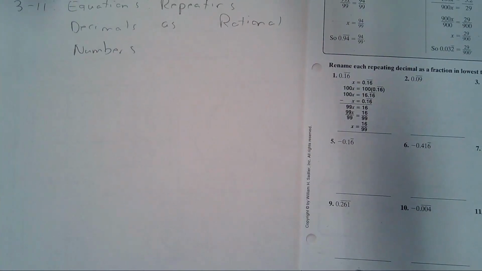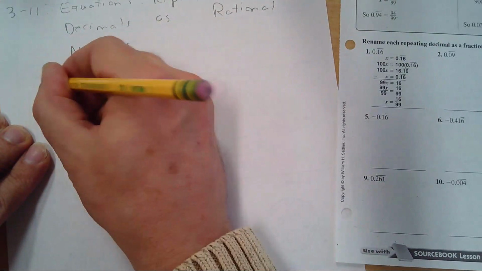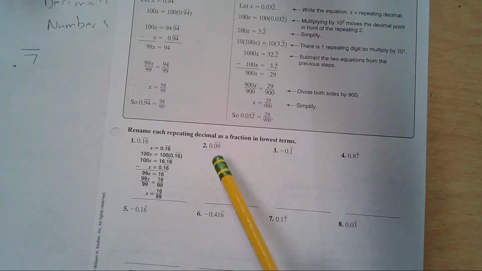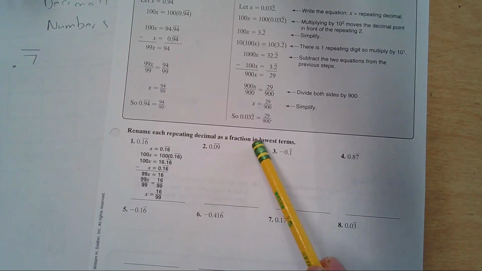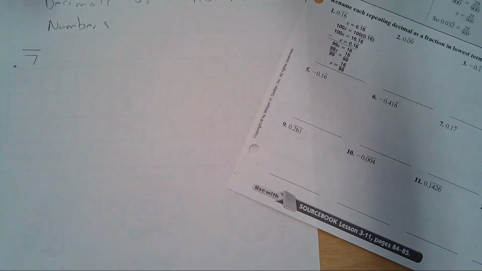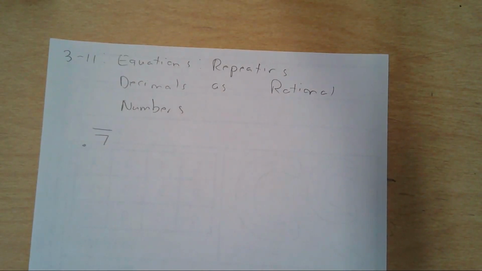So I guess I already have a piece of paper. We're going to start with a simple one here. I'm just going to make one up. 0.7 repeating. And again, our goal is to write this as a simplified fraction. So what we're doing here is going back to rational, irrational numbers type stuff.